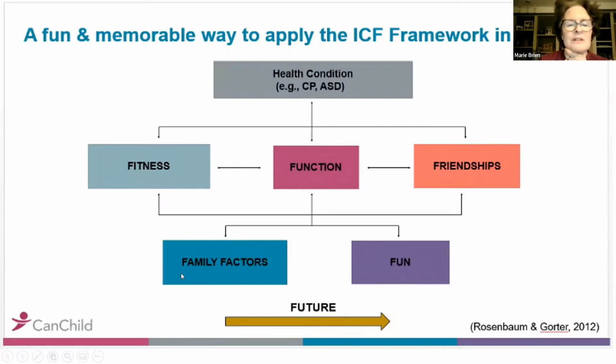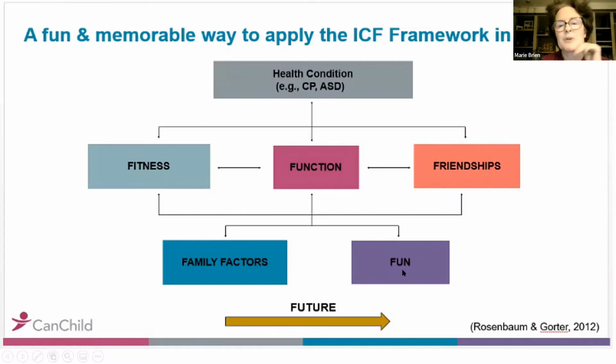Family factors: family is the environment. It is where the child grows. The family is where the child is for the underage, and until the time they go to school, family is really the environment for the child. That is where development occurs, and all the relationships within the family environment. And the last box, to the bottom right, fun.